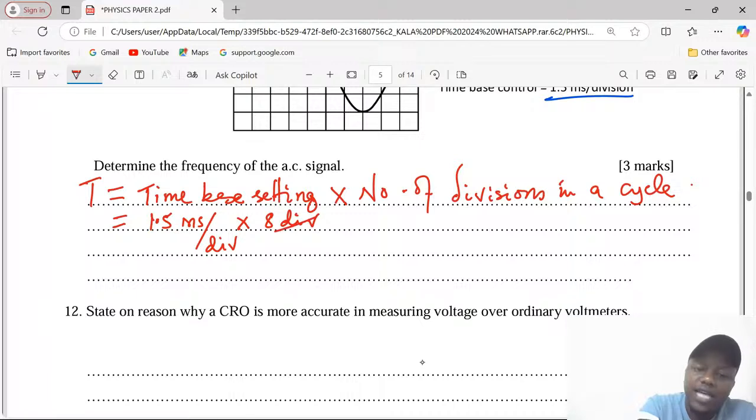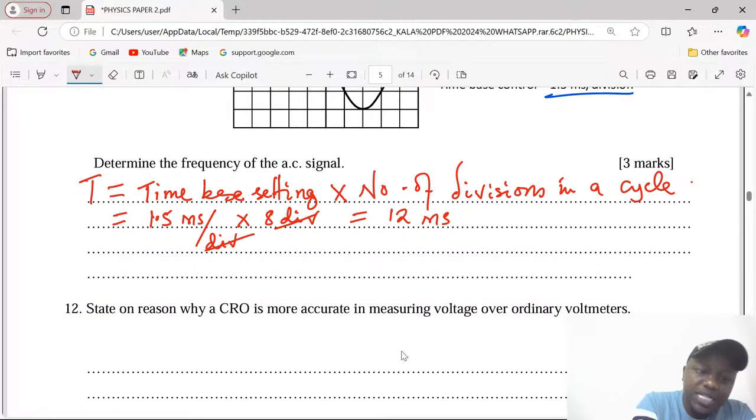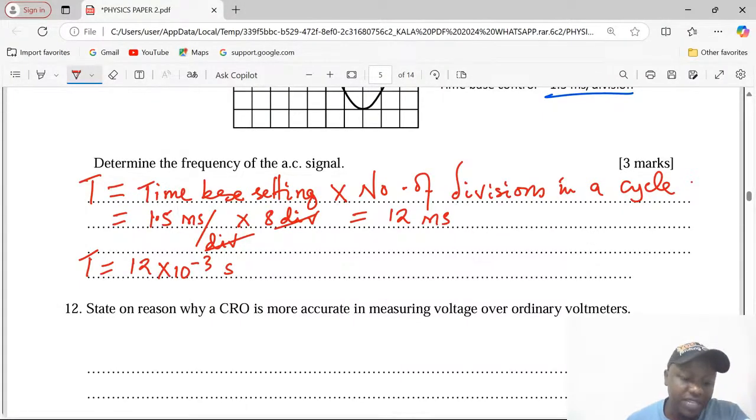The divisions cancel, so when we multiply 1.5 by 8, I'm getting 12 milliseconds, which we can convert to 12 multiplied by 10 power negative 3 seconds. So now we have it in SI units, seconds. And if these are seconds now, how do we get frequency? Small letter f.